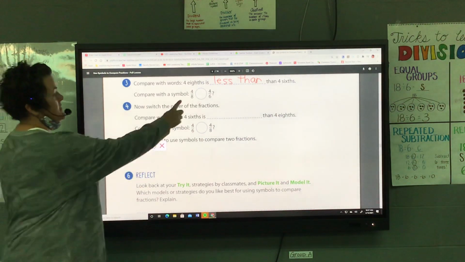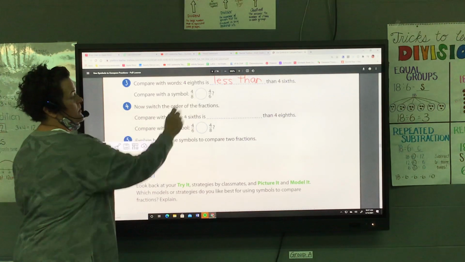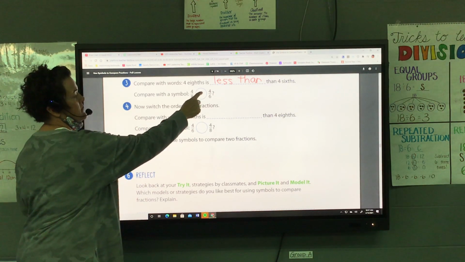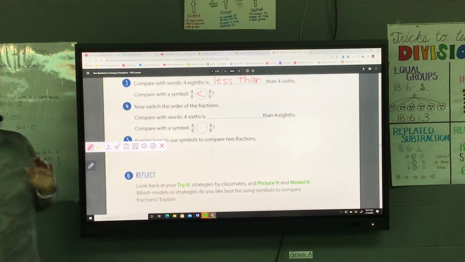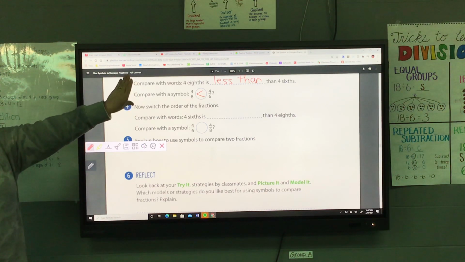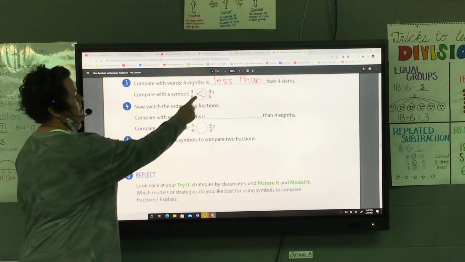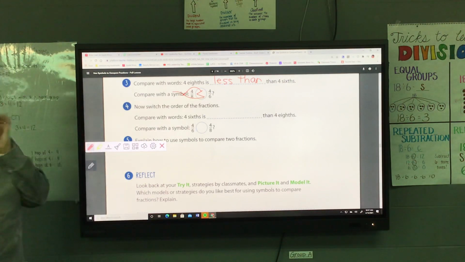So, is this the smaller number? Or is this the smaller number? This one is the smaller number, right? Okay. So that is less than. Remember, the less than can make like an L. Little fish wants to eat the big fish.